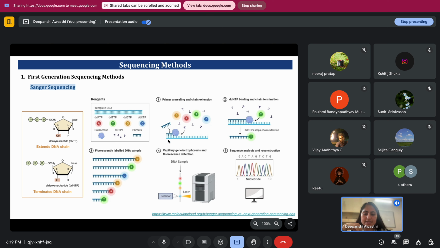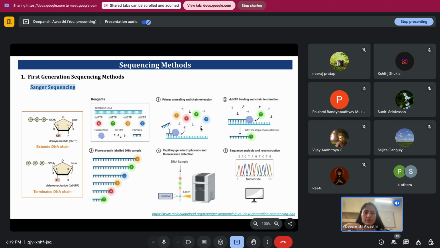Here you can see we have a DNA fragment which we want to sequence. Firstly we require a primer so that DNA synthesis can begin. With the primer present, polymerase starts the synthesis of nucleotides on this leading strand. It takes the dNTPs and binds them. We also have ddNTPs.